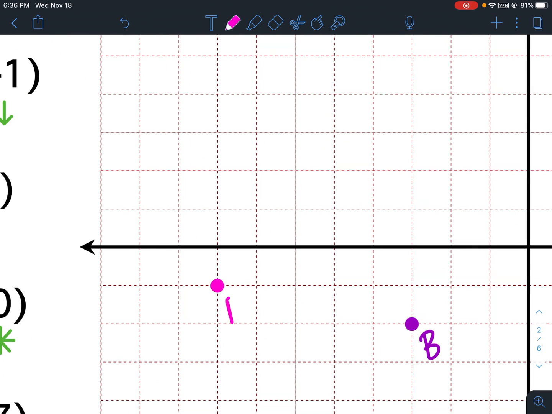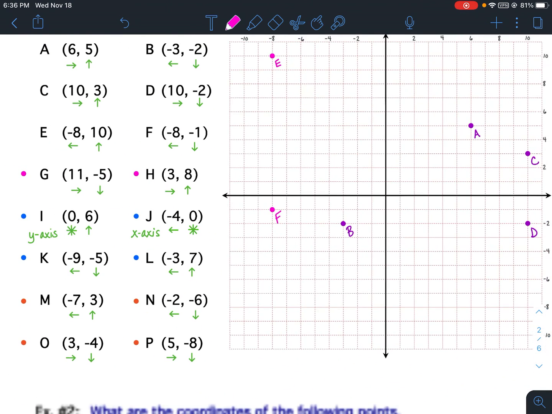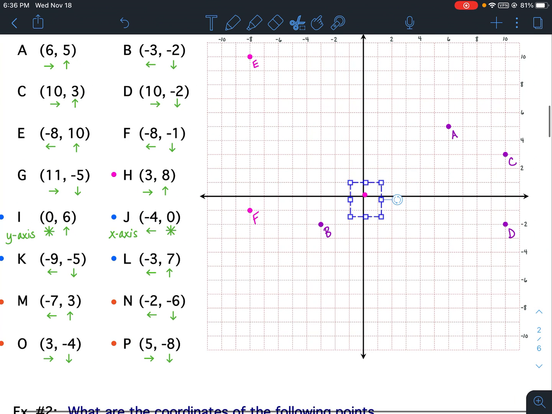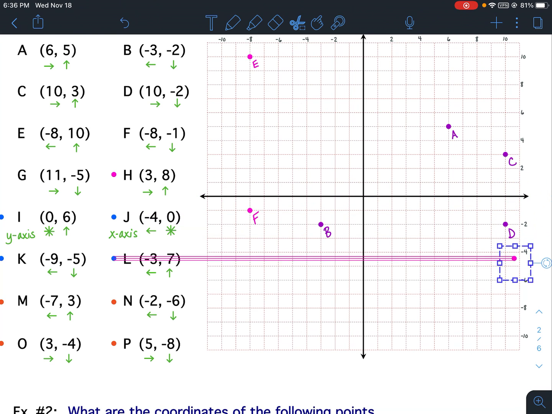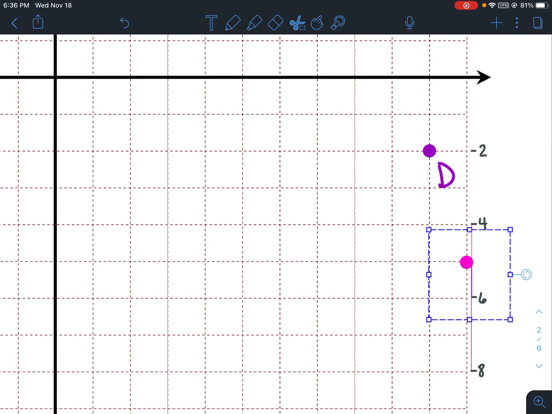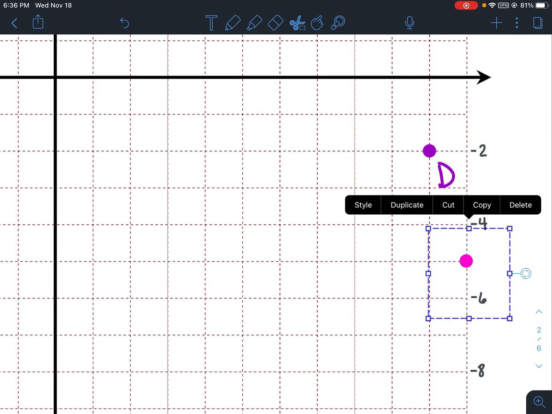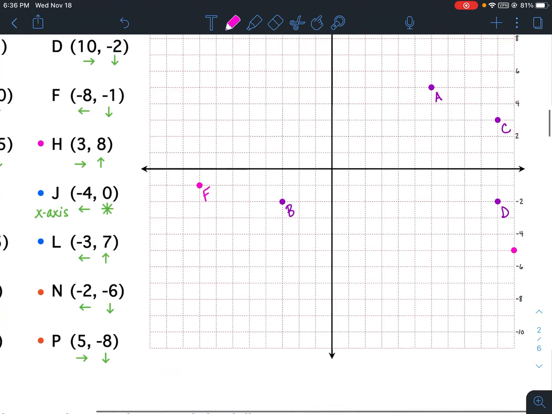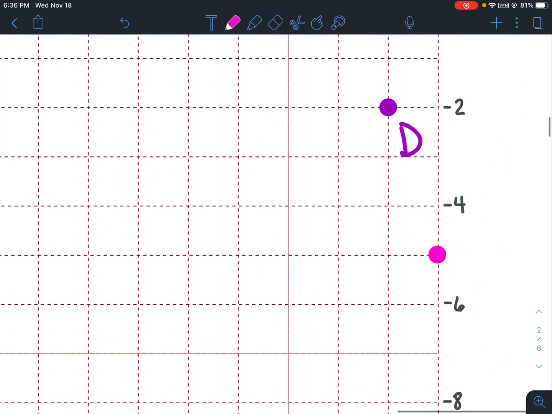So this would be F. G is to the right 11 and down 5. Well, I know C and D are to the right 10, so I just need to go one more than them, but then I got to go down 5. And again, that is G.